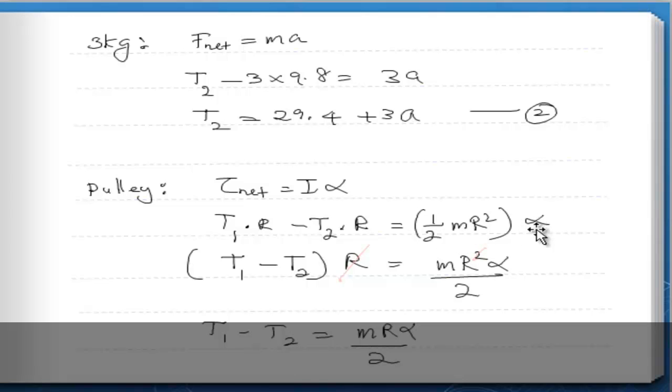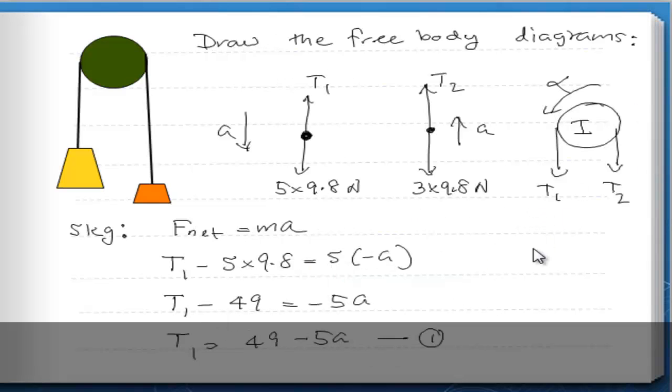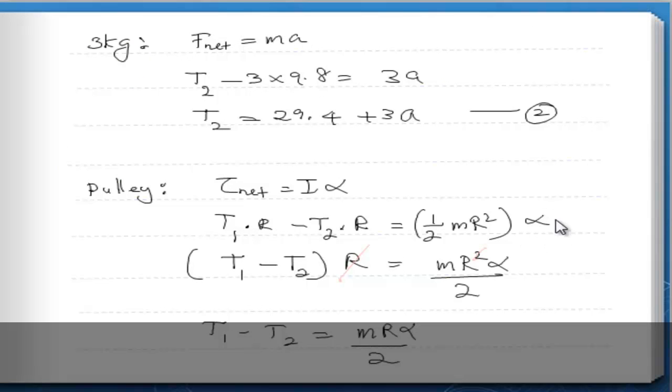And here again we need to think about the direction of the alpha. We assume that the 5 kilogram mass is going down, so that means the pulley is rotating in the counterclockwise direction, so the acceleration is also in the counterclockwise direction, so that's a positive acceleration, so we don't need any negative sign there. Then it becomes T1 minus T2 times R equals mr squared alpha over 2.